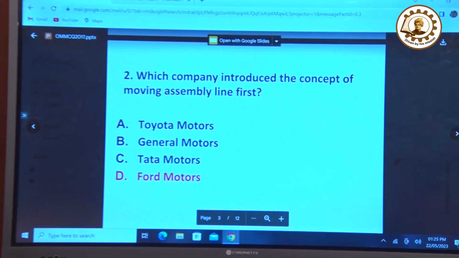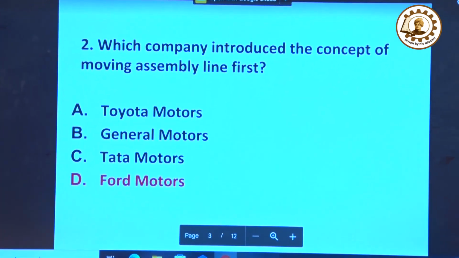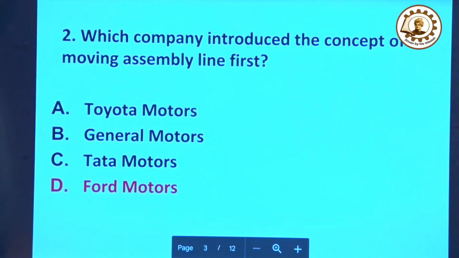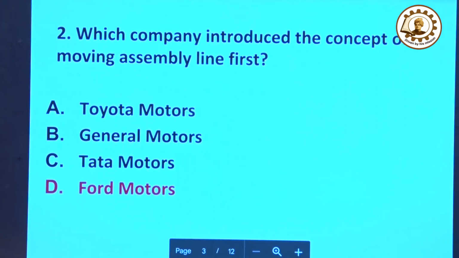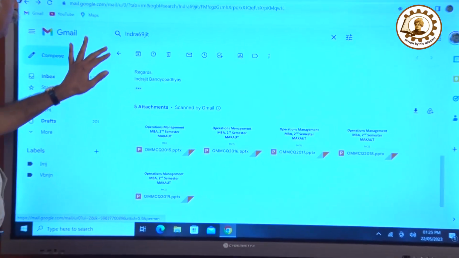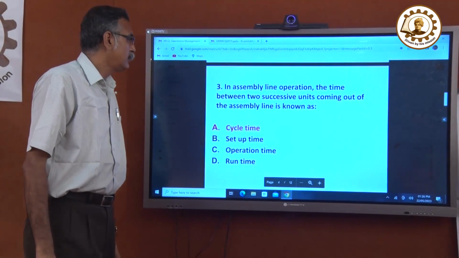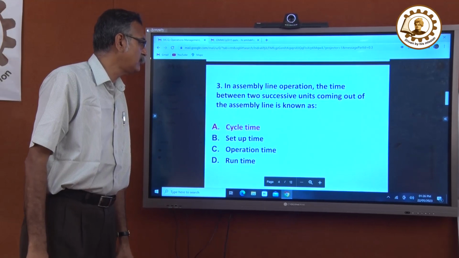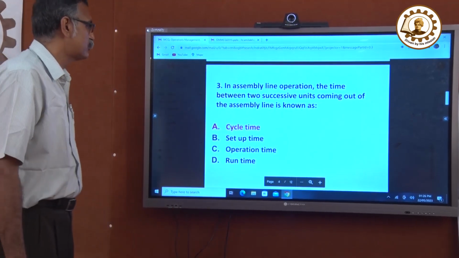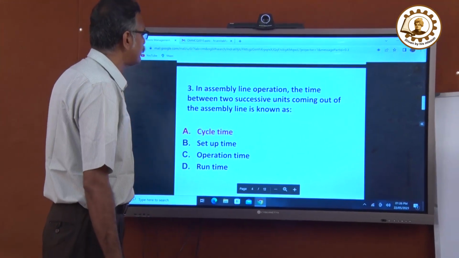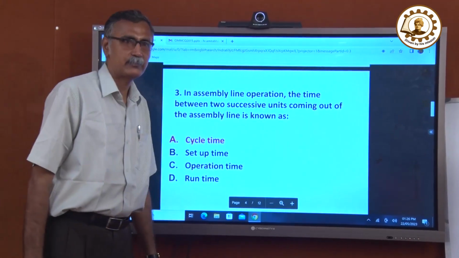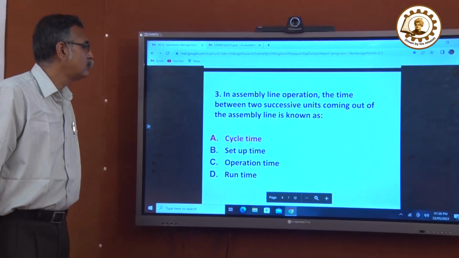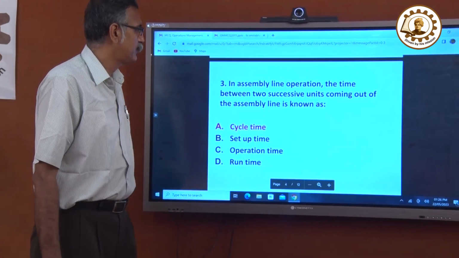Now question number 2. There is nothing much of understanding, it is a comprehensive one. Which company introduced the concept of moving assembly line first? Answer is Ford Motors. In assembly line operation, the time between two successive units coming out of the assembly line is called the cycle time.